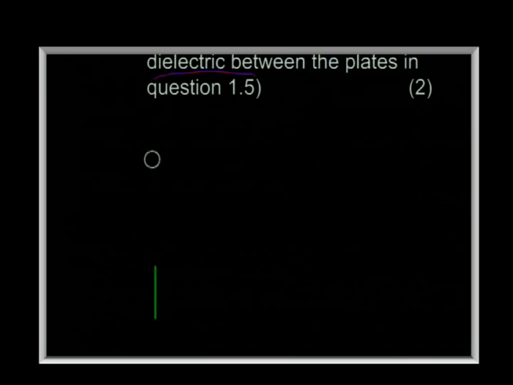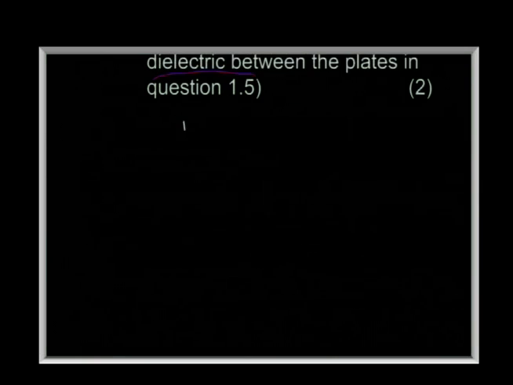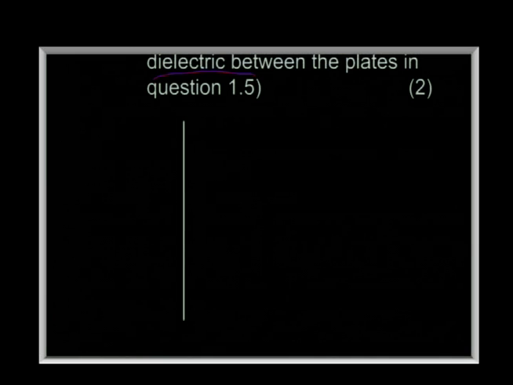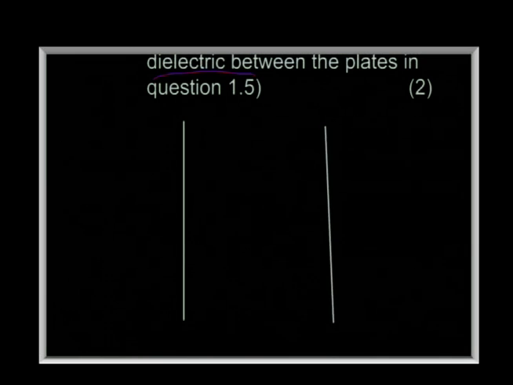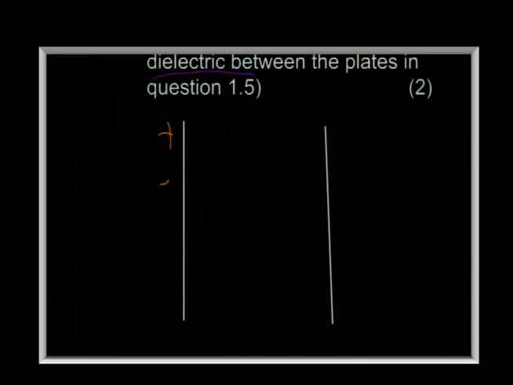So let's erase this. Let's draw the plates in a straight line. I'm going to draw them quite wide apart. Okay, have them like that. And let's have the positive one on this side. Just put 4 positive charges, 4 negative charges, equally balanced.